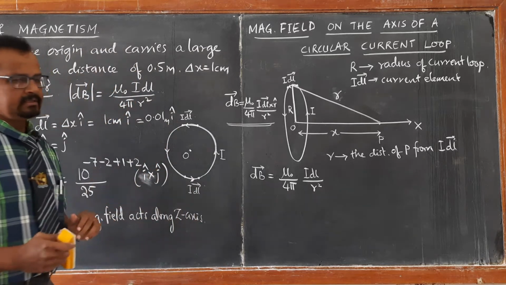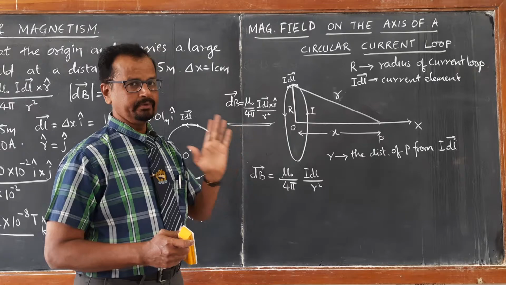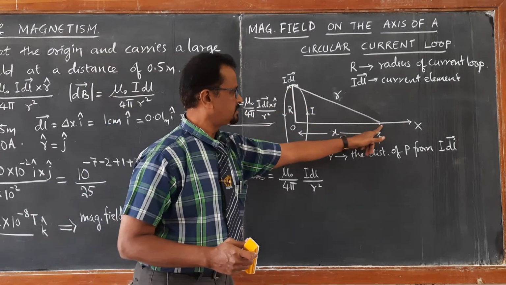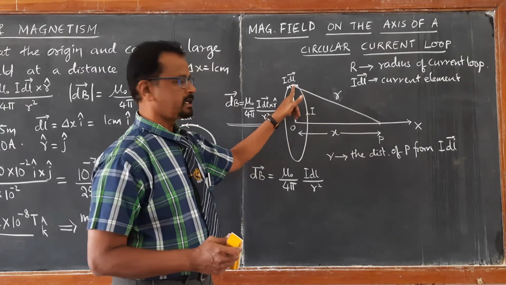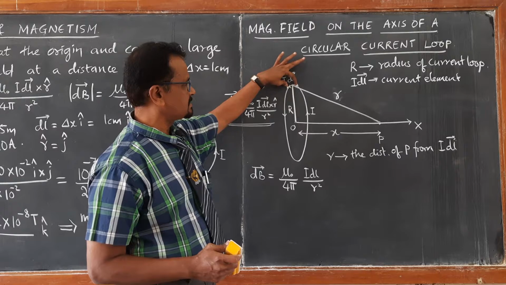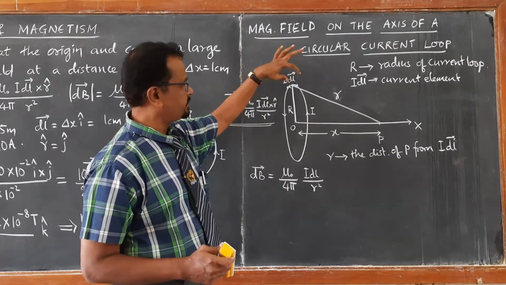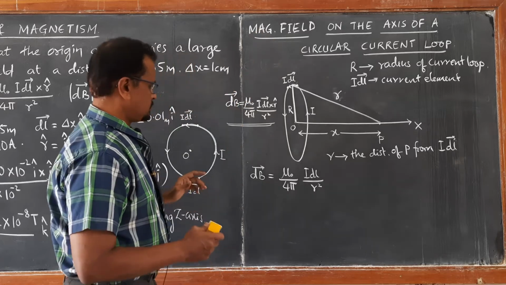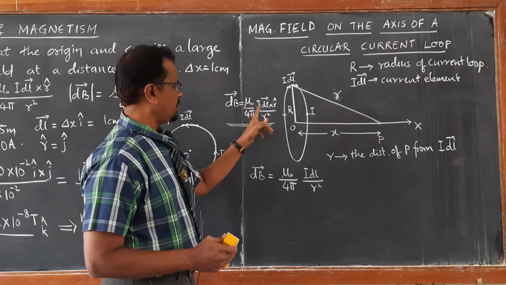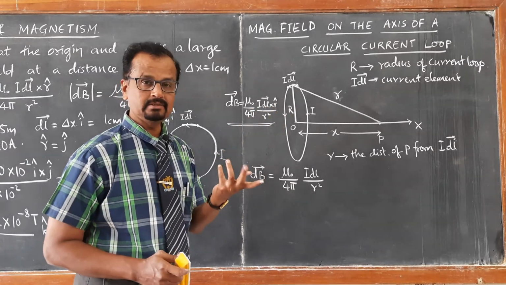Look at this. When you look at the two-dimensional diagram, you will not feel that the distance of this point P from this current element is making 90 degrees with this current element Idl. It is subtending 90 degrees with it. So Idl cross r gives you definitely Idl into 1 into sin 90. Sin 90 is 1.